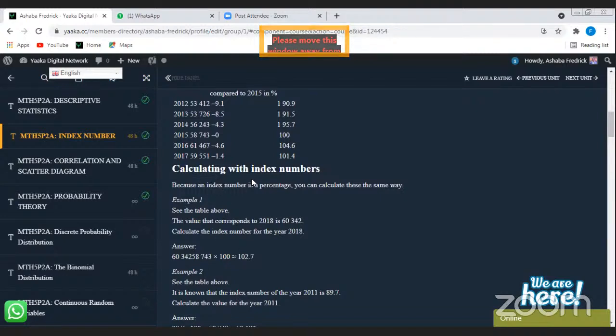So calculating with index numbers, because an index is a percentage, you can calculate this the same way. So we shall simply be looking at the current year price.